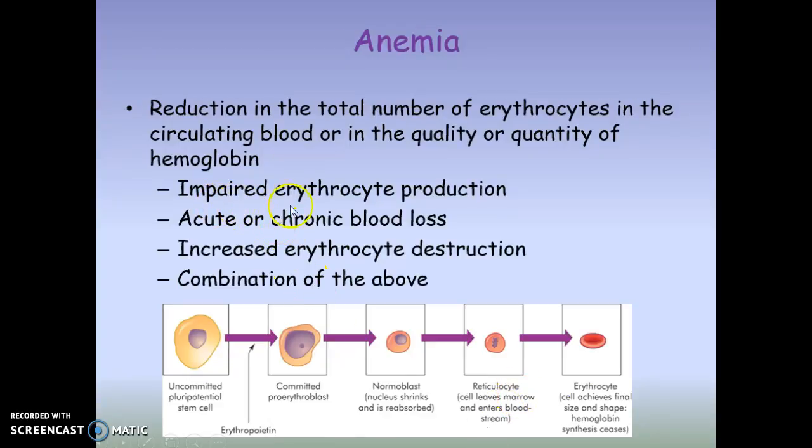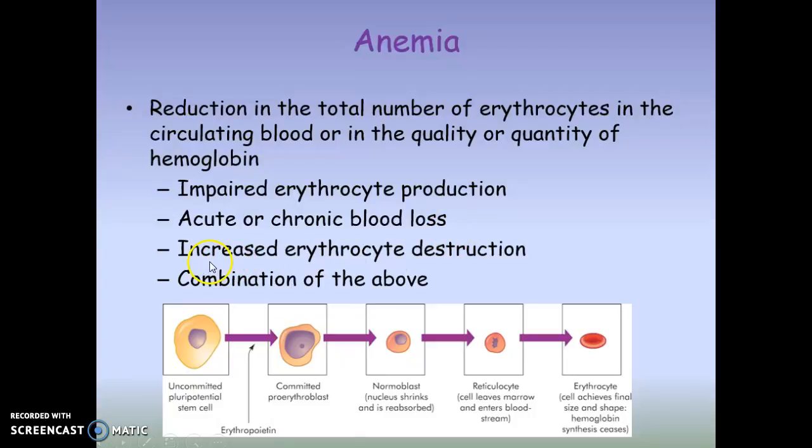So, impaired erythrocyte production. You can have acute or chronic blood loss. Typically, acute blood loss comes on suddenly and is a high amount of blood loss. Chronic blood loss could be very small amounts over a very long period of time, and that culminates in a loss of red blood cells.